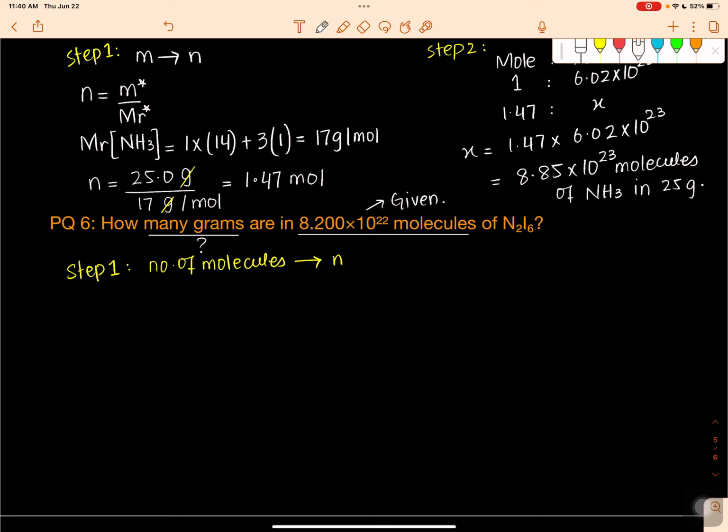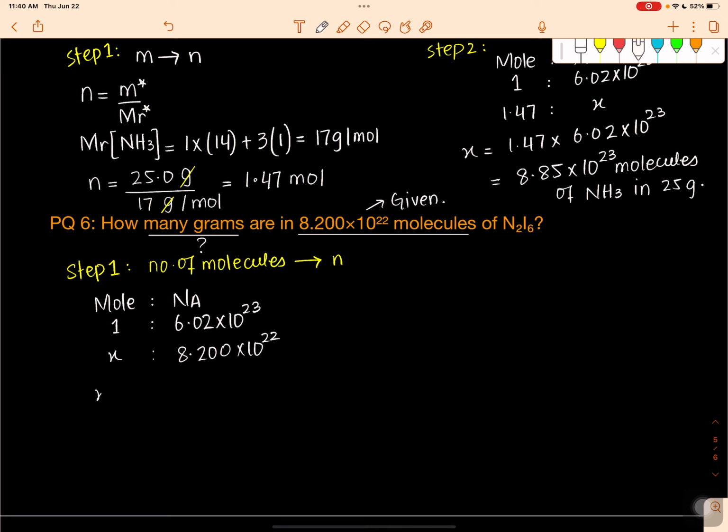So we have a ratio method. The mole ratio is the Avogadro's number. 1 mole contains 6.02 times 10 power 23, Avogadro's number, of particles. So 8.200 times 10 power 22 will be equivalent to how many moles?